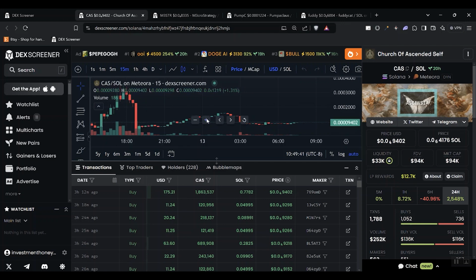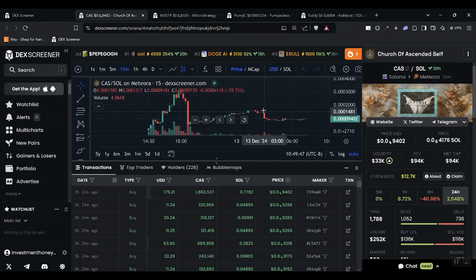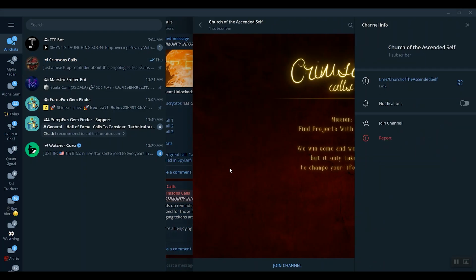This one looks a little different because we see that it's recovering, but we already see sell pressure return right here, and then more sell pressure, we get some buys, and then we see sells coming in. Okay, so I don't know. This one maybe, I'm curious about it, so I probably will set an alert depending on what I see in the Telegram. So I'm going to take a look at what's going on here in the Telegram.